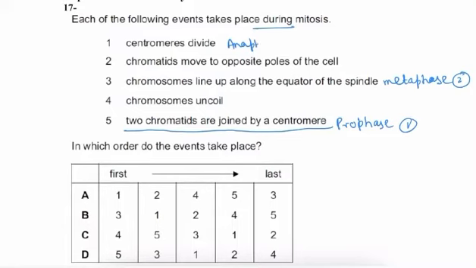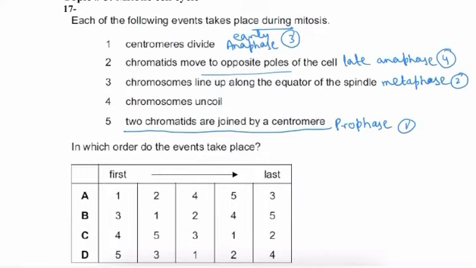So this is early anaphase, in which the centromeres divide. The centromeres will divide, so the chromatids will separate, right? So this is early anaphase, we can say, and chromatids move to the opposite poles. This is the late anaphase, we can say. So this will be 3, this will be 4. And then what will happen? When the chromosomes reach the opposite poles, they will uncoil. That is the telophase.